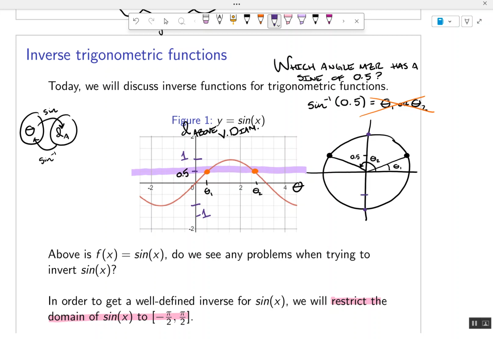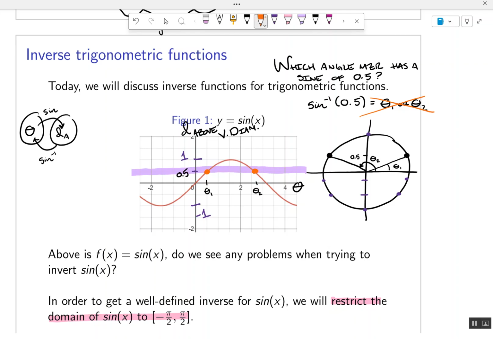So for instance, how about this guy? Well, we have this point and this point. How about this one? Well, we have this point and that point. And so what we do to get rid of this ambiguity between having to pick between 2 angle measures, is we restrict the domain of sine.